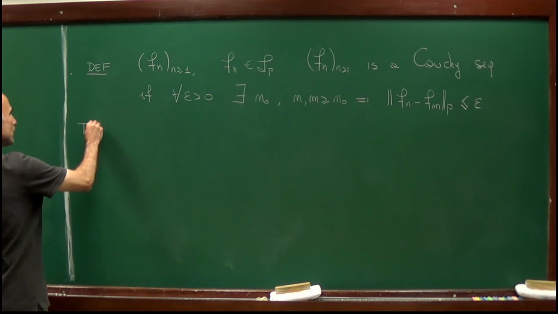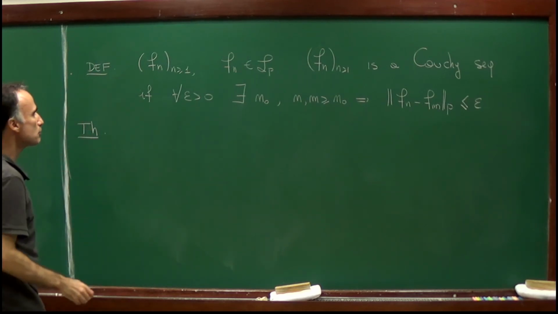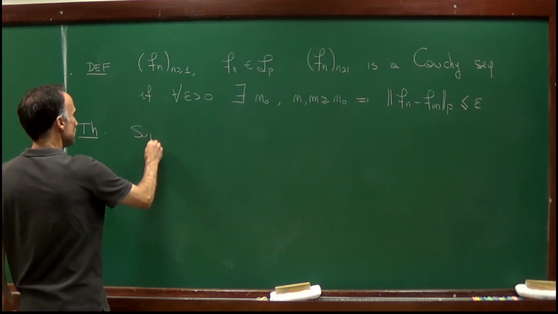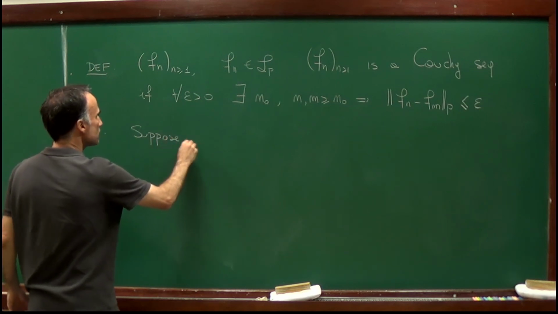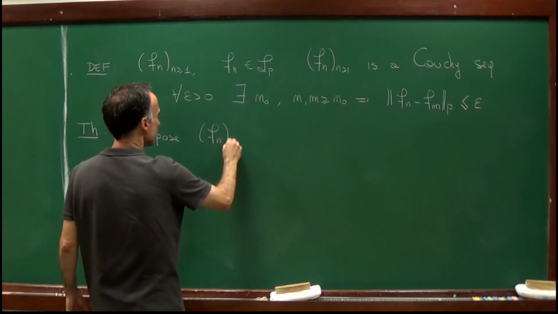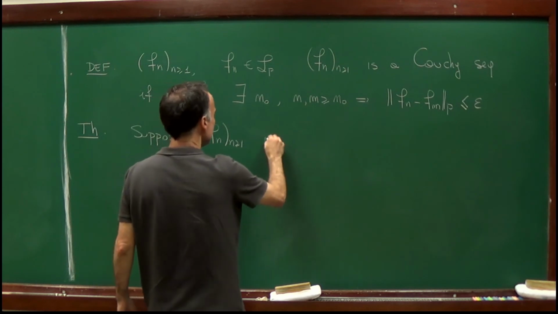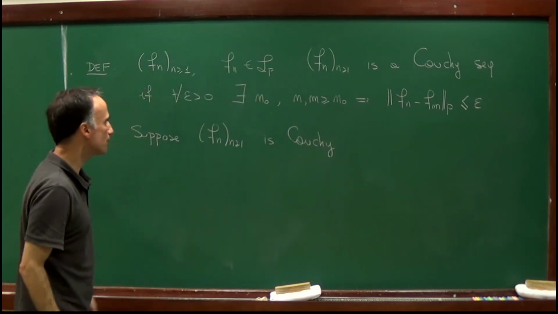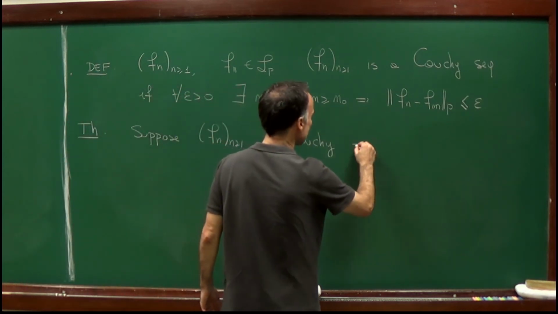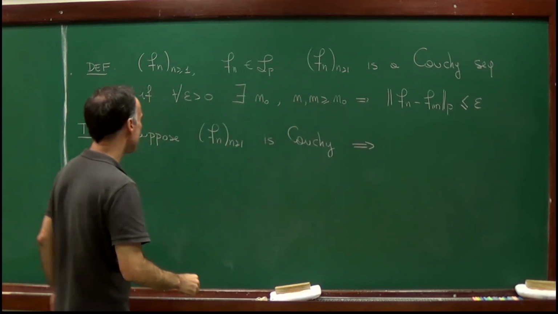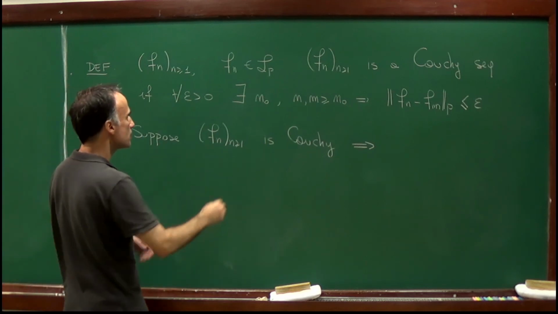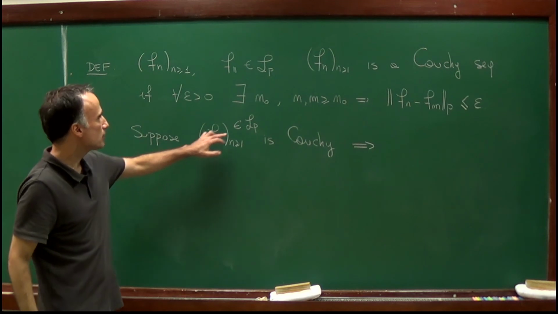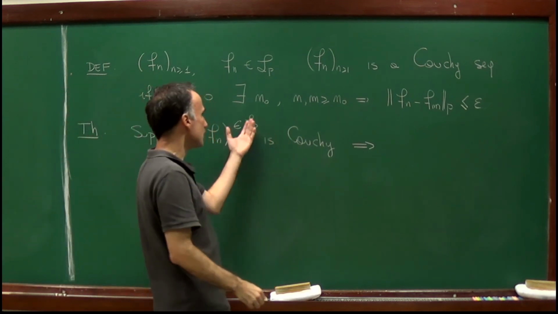And the theorem I want to prove reads as follows. Assume that the sequence Fn is Cauchy in LP, of course. It's a sequence in LP.